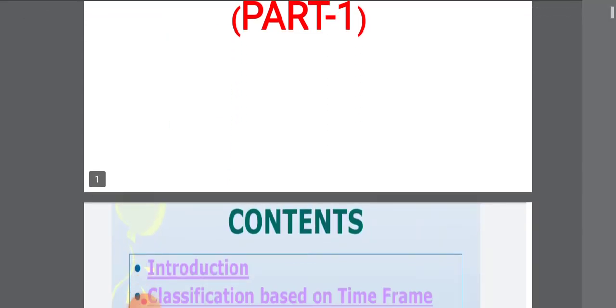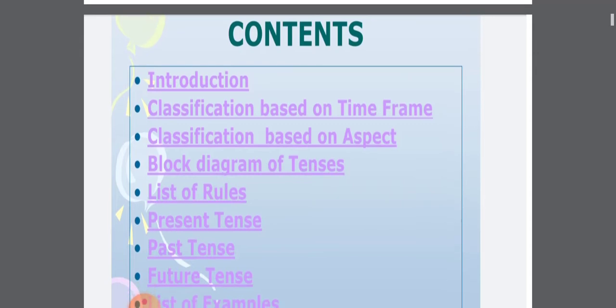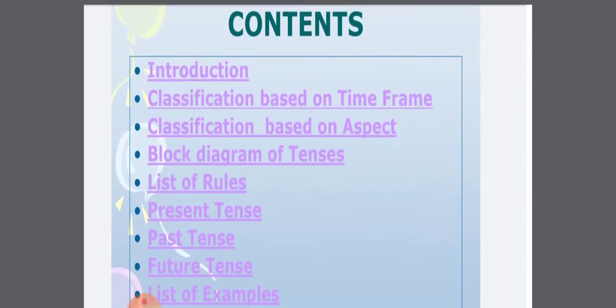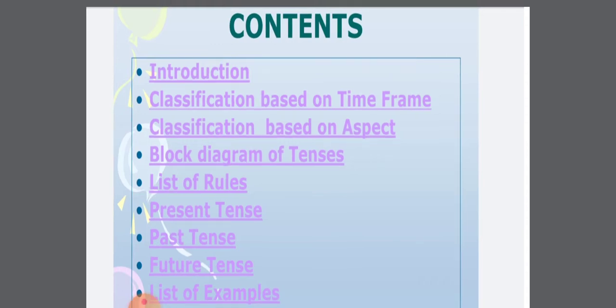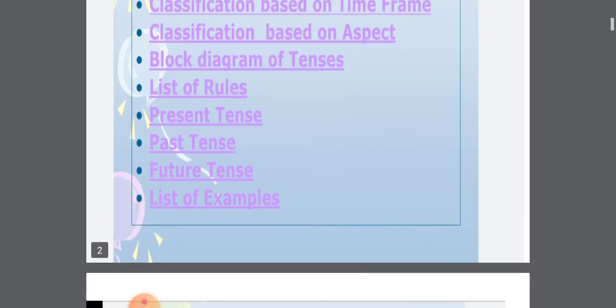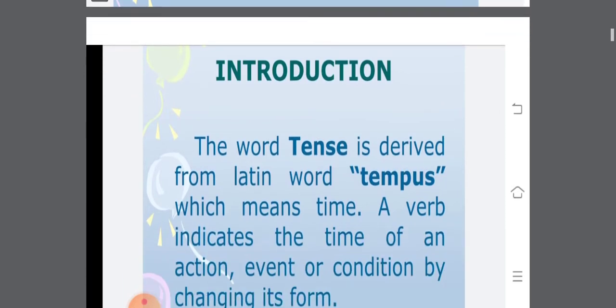Now the contents that we are going to get here is introduction first, then classification based on time frame, classification based on aspect, block diagram of tenses, list of rules, then present tense, past tense, future tense, and list of examples.